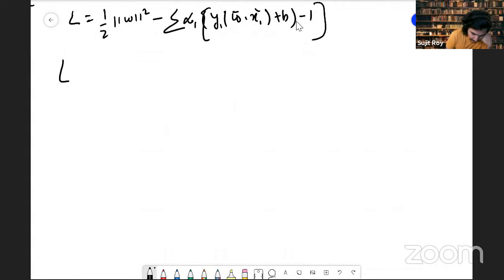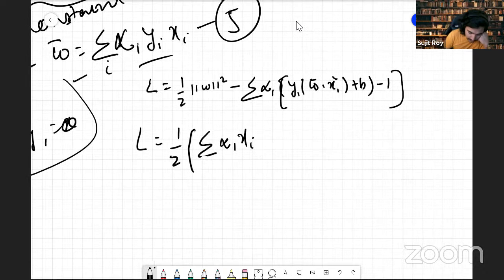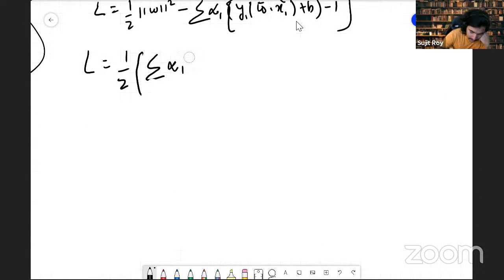L can now be written as half of sigma alpha i, then you have xi, and yi and xi. Sorry, I got divided. Yi and xi. Okay, so this is what we got.